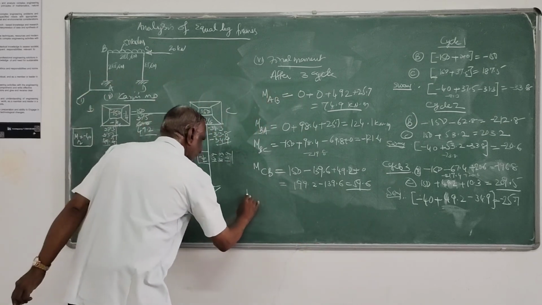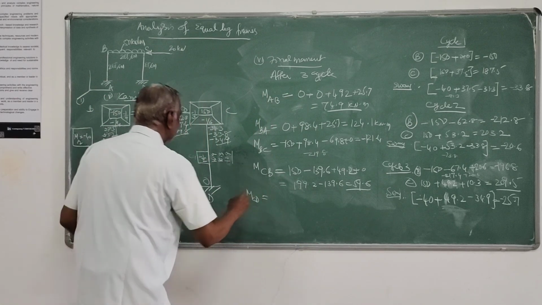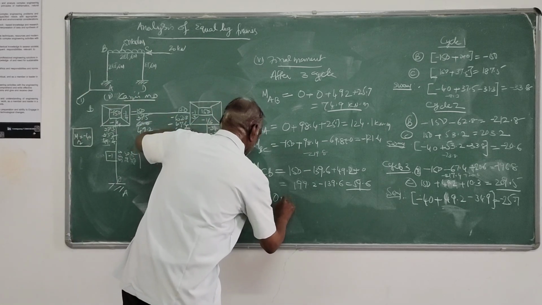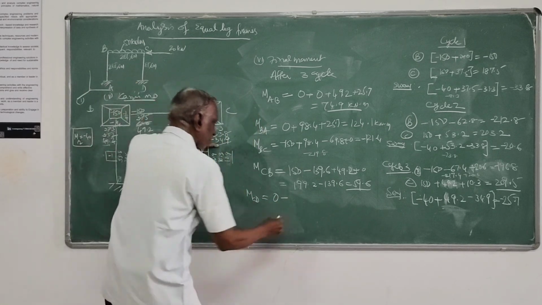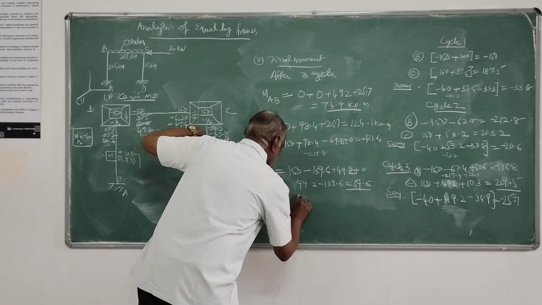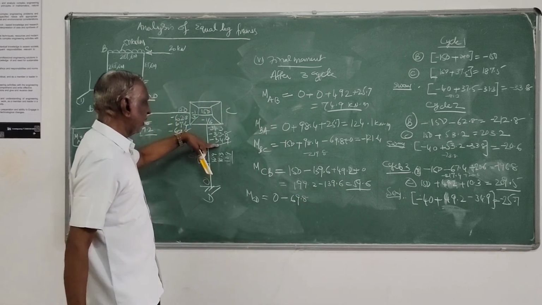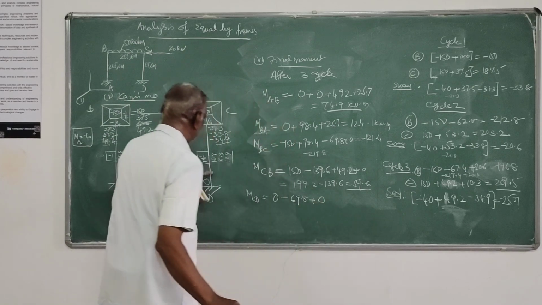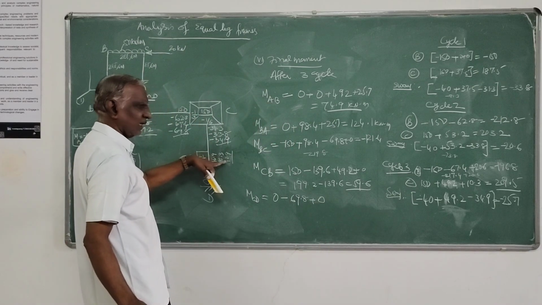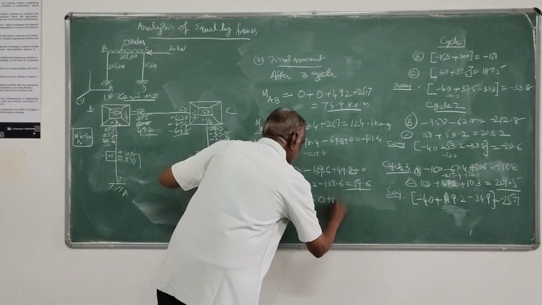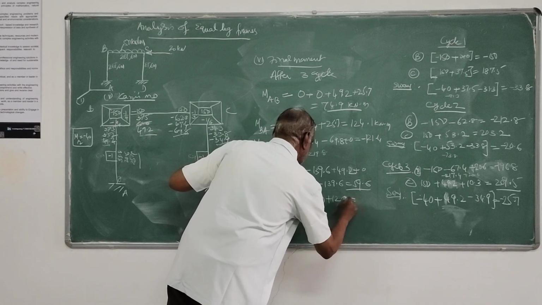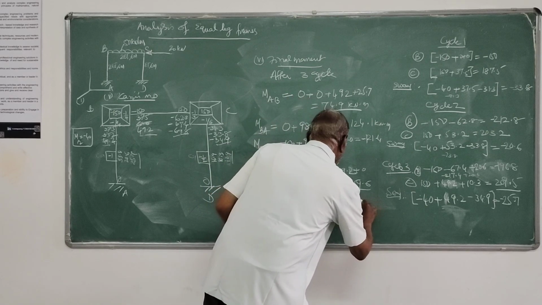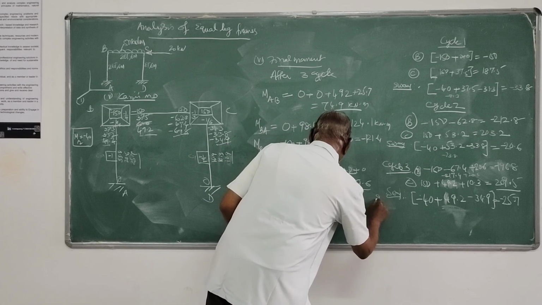And last MCD. MCD is fixed end moment 0, twice rotation contribution, 2 into 34.9, that is 69.8, plus rotation contribution at the further end, then sway contribution. Here we got 12.9, minus 56.9.